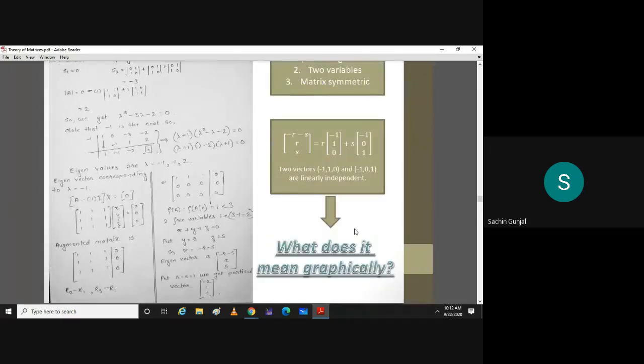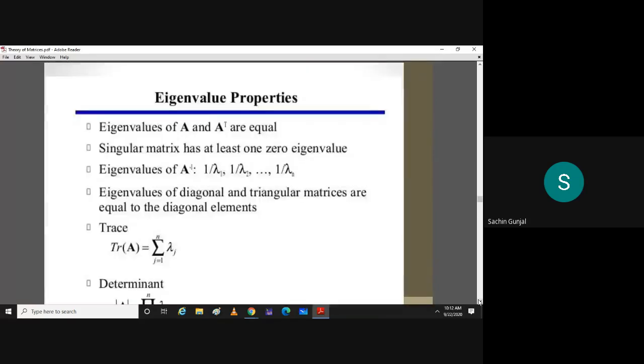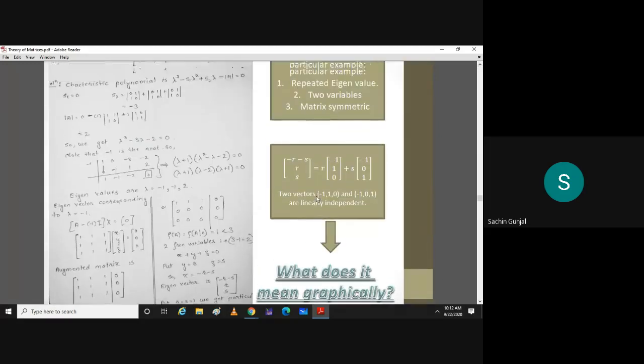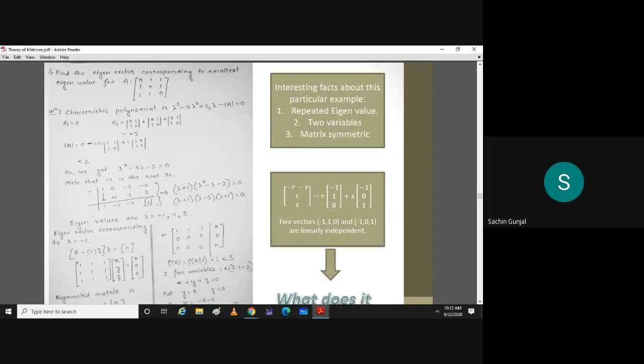Let me just check whether we have the eigenvector corresponding to 2 ready, because I want to explain one point.